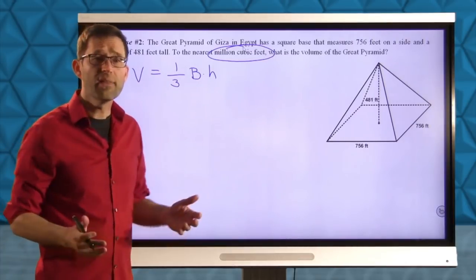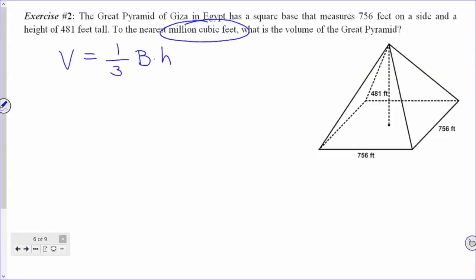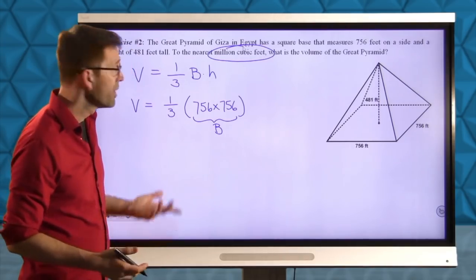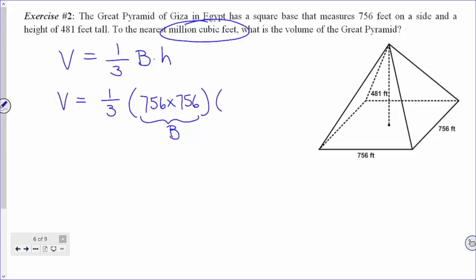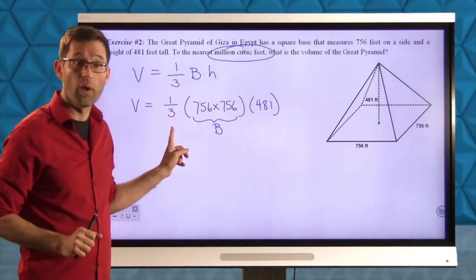That's it. And then this really becomes quite a plug and chug kind of operation, right? The plain fact is the base has an area of 756 times 756, right? That's the area of the base. That's a huge number, all right? But then to make it even larger, we would have to multiply by the height, 481. All right, and then we can't forget the 1/3.